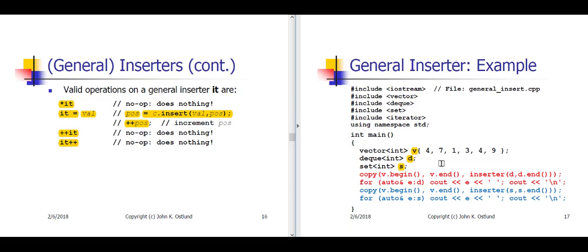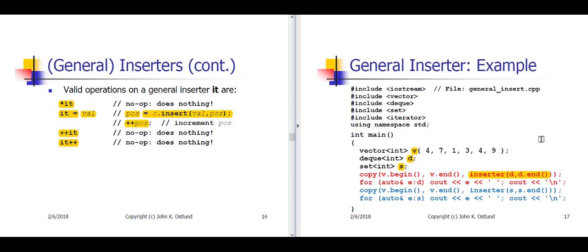In the first copy algorithm, the red copy algorithm, I'm copying all the elements starting from v.begin up to but not including v.end, using an inserter that will use the insert member function of the deque to insert a value at the end of the deque.